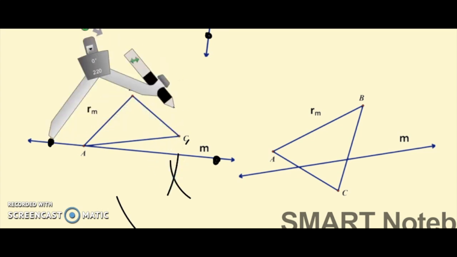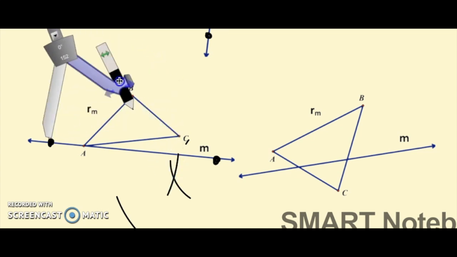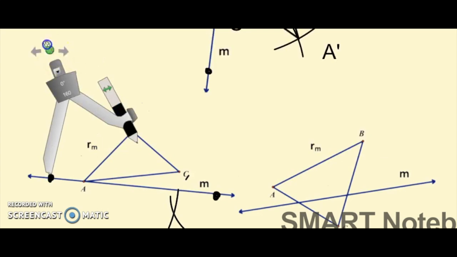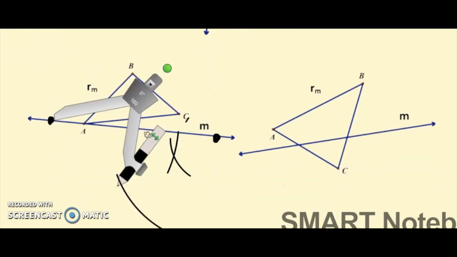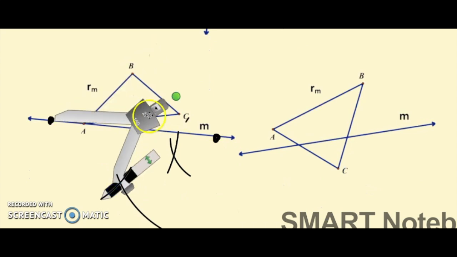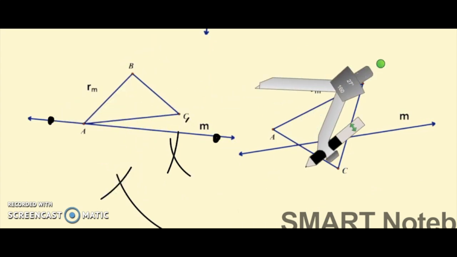And then do the same for B, reflect that over, and that will give me B prime. And then A and A prime are the same point, so start at A, and that will be B prime, and this will be C prime, and connect it back, and then make sure you label your points.